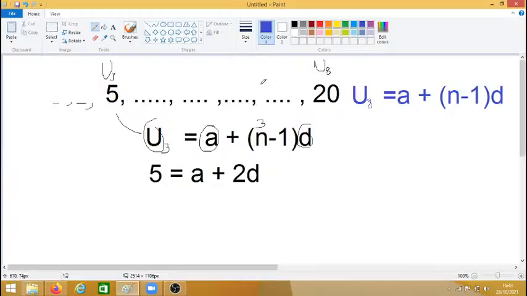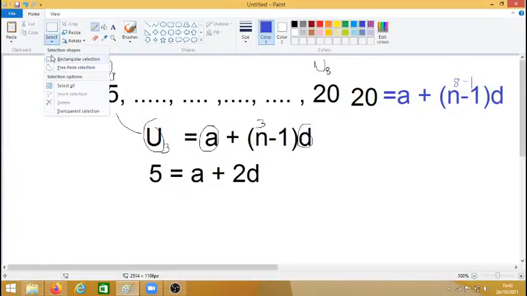So the 8th number is 20, so we can put the 20 for u8. The a is unknown. The n, we do know it's 8, so we can say it's 8 take away 1 for the bracket bit. And the d, the difference, we don't know. Like before, it's the same sequence, we're trying to work it out.